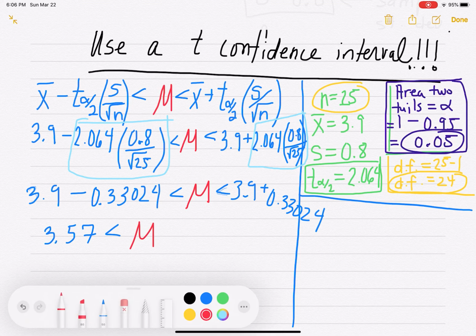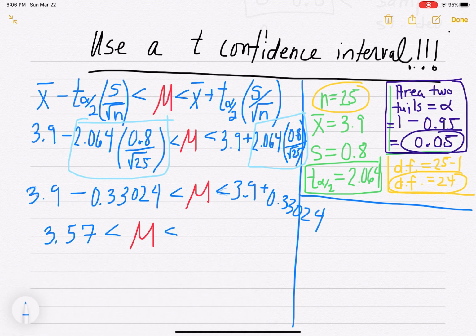And on the right, 3.9 plus 0.33024, let's round that to 4.23. There's your confidence interval.